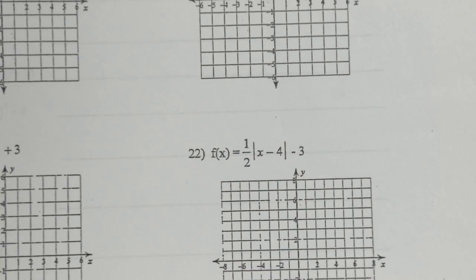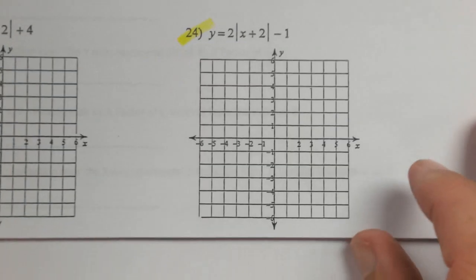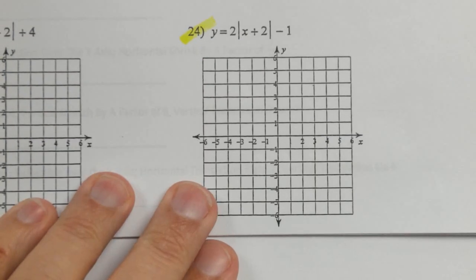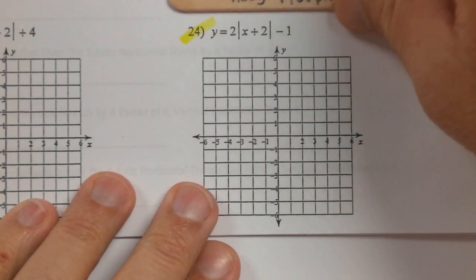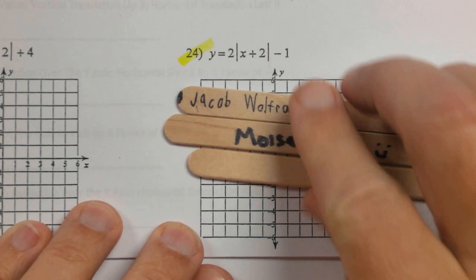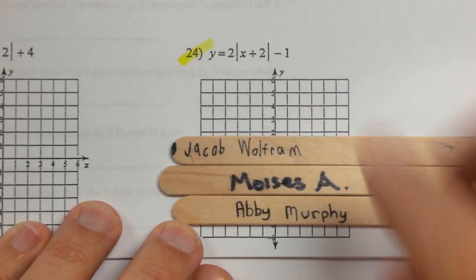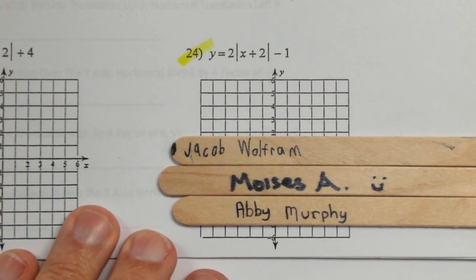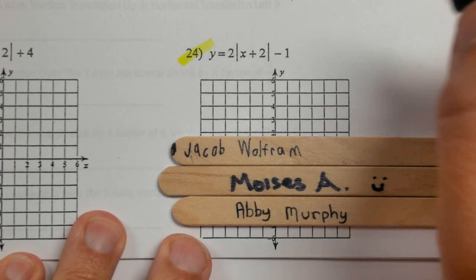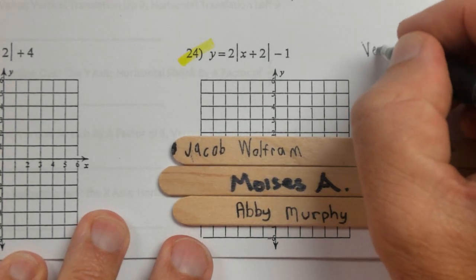Maybe that's it. Put that again in 24. We've got 3 things going on in 24. Put those so you can see them. So, Jacob, tell me one of the things going on in 24. Vertical stretch. Okay.